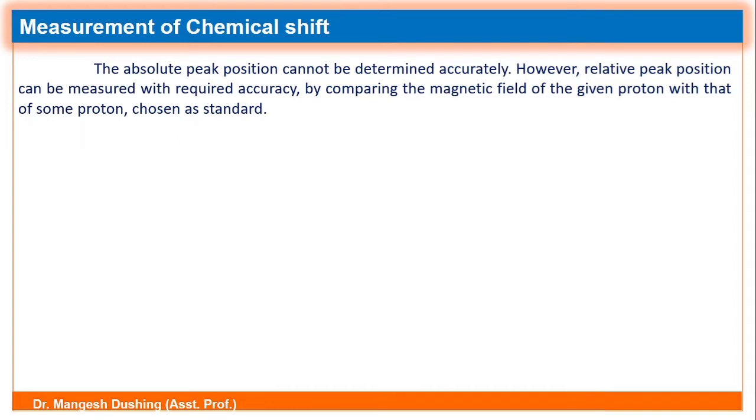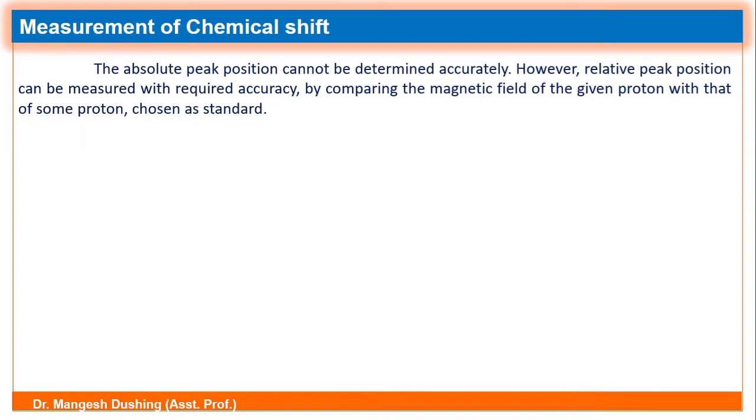So as compared to 14,000 Gauss, this difference is very small, and we cannot differentiate these protons absolutely. But if you use some standard material, the position of the peak relative to that standard will be very easy to determine. That is called relative peak position, relative to some standard substance.